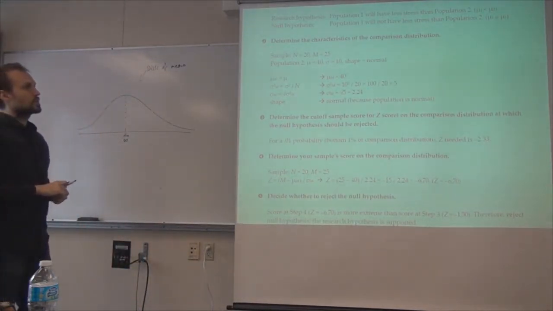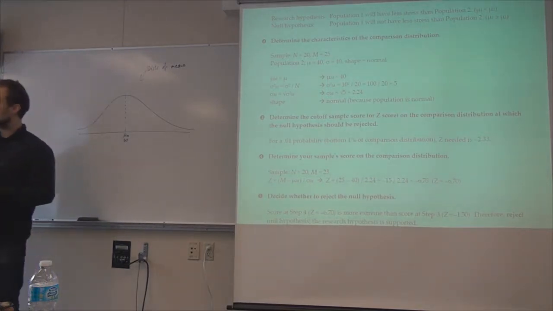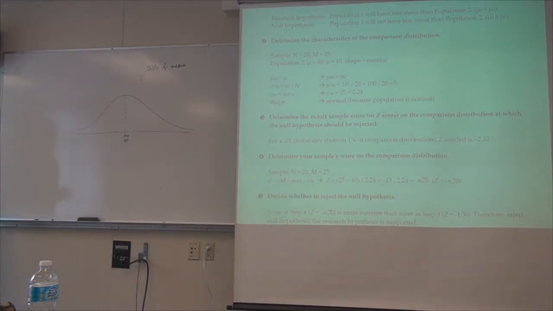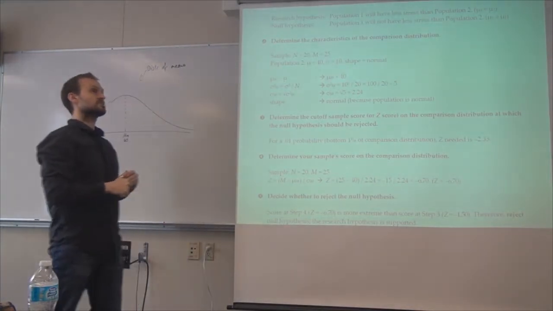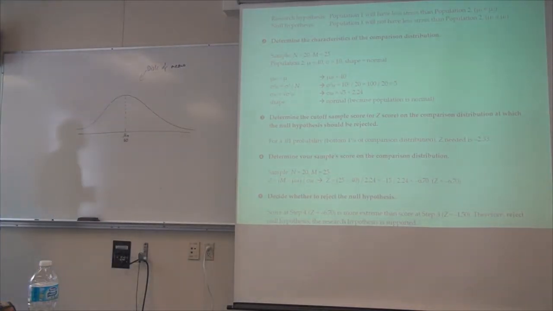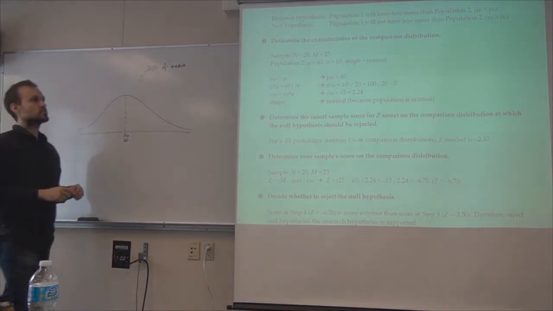So what kind of test is it? Is it a one-tailed or a two-tailed test? Well, for that I need to look at the statement of the research hypothesis. Would you say it's a one-tailed or a two-tailed test?